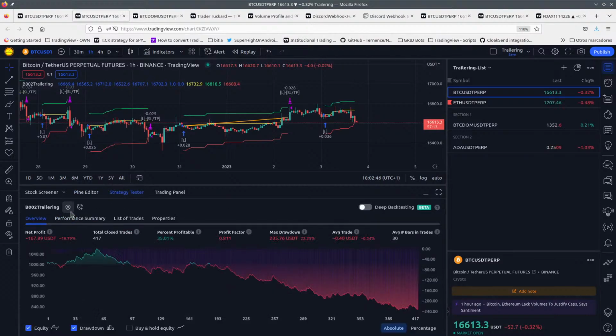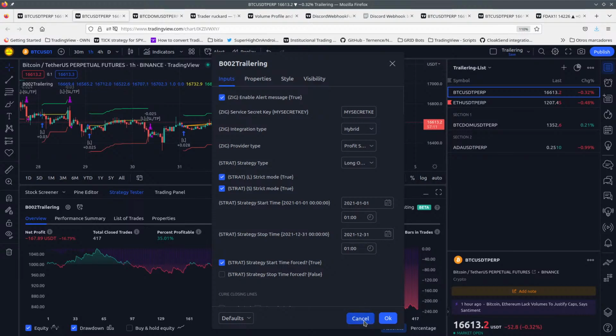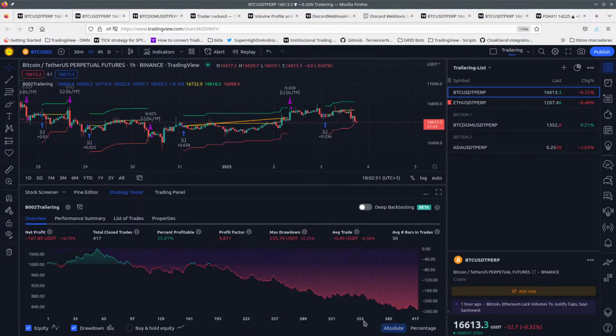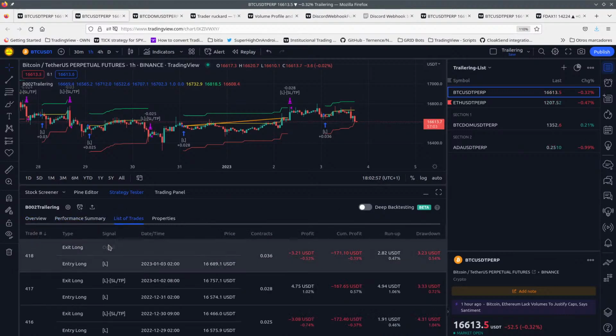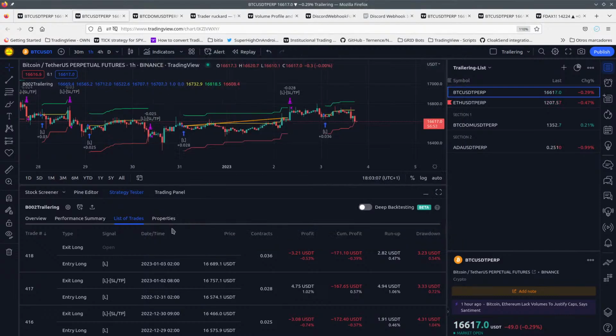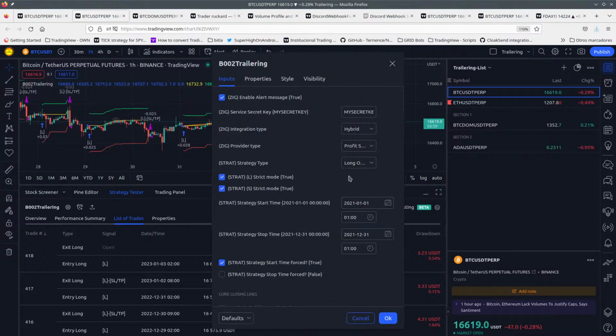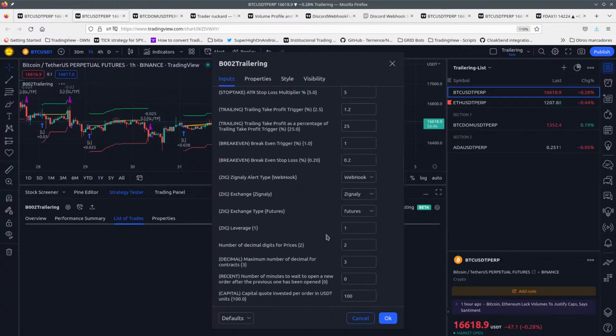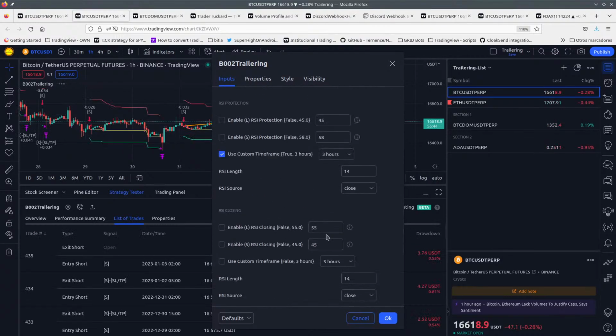That's nice. So now I'm going to export the stuff here. So this is long only 0.38. And now we're going to change this into short only, which should have 0.38 also.